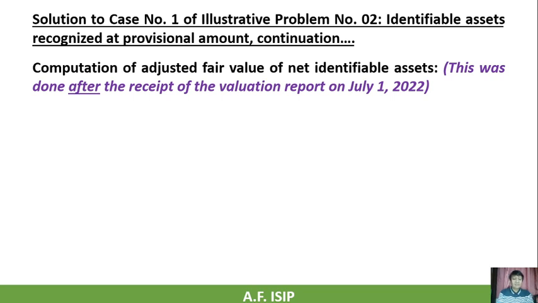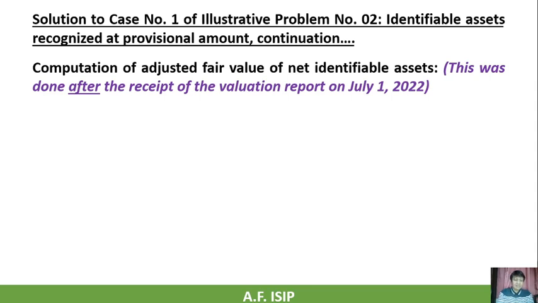So let's now compute for the adjusted fair value of net identifiable assets, and this was done after the receipt of the valuation report on July 1, 2022. The net identifiable assets are affected because the value of the building, which is part of the identifiable assets, was changed.